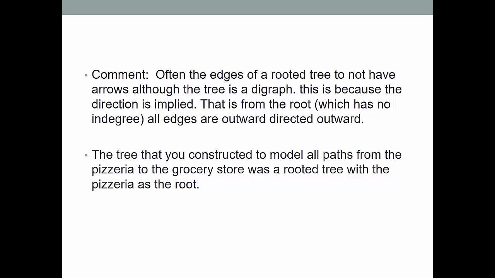All the edges from the root are out edges, and then for the remaining vertices, there is one edge that is in, and all of the rest are out. The incoming edge is coming from the root, or a path from the root. Since all of this is understood, we frequently do not put the arrows there.